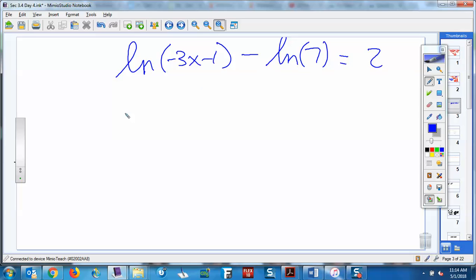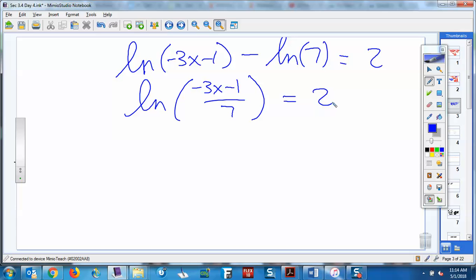Okay, so again, we put that together as a single log, so it would be negative 3x minus 1 divided by 7 equals 2, like that, right? So again, whenever we have a log minus a log or a log plus a log, we can combine those as a division if it's minus or a multiplication if it's plus.